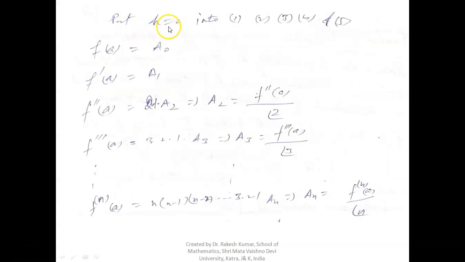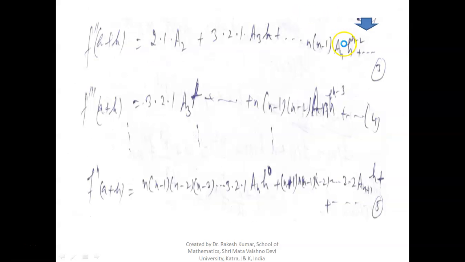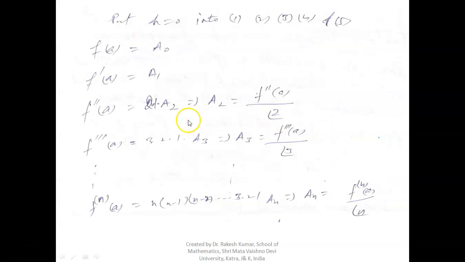Then put h equal to 0 into equations 1, 2, 3, 4 and 5 that we just obtained previously, and we get f a is equal to this, f dash a this, f double dash a is this, and f triple dash a is this, and so on. f n a equal to f n a upon n factorial, where this f n a denotes the value of the nth derivative of function f at x is equal to a.